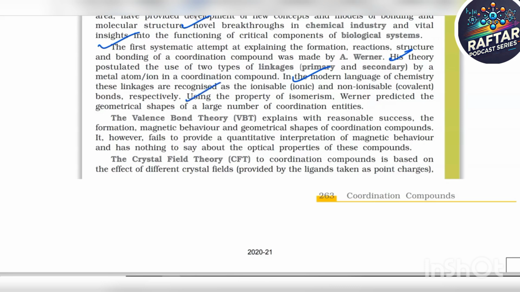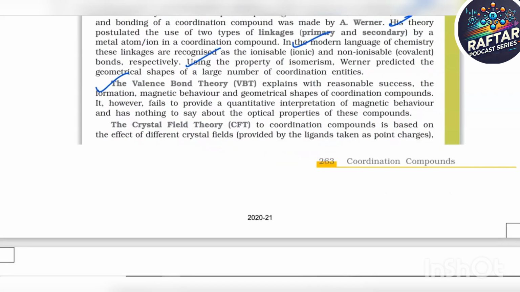It, however, fails to provide a quantitative interpretation of magnetic behavior and has nothing to say about the optical properties of these compounds. The crystal field theory (CFT) of coordination compounds is based on the effect of different crystal fields provided by the ligands taken as point charges, on the degeneracy of d orbital energies of the central metal atom or ion.